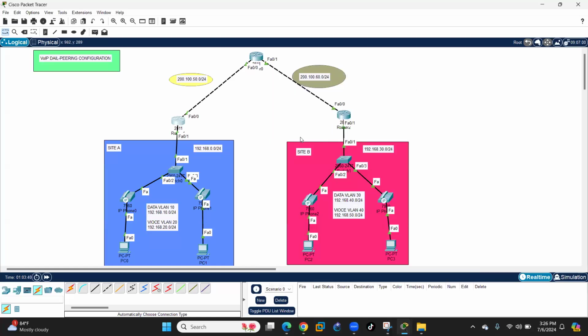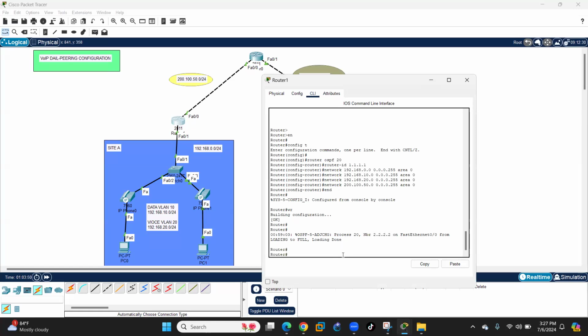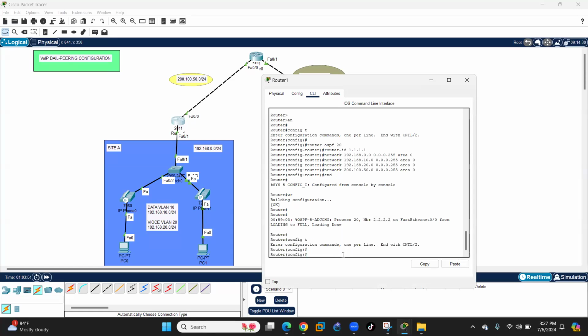So it's now left for me to configure the dial-peer configuration on these 2 routers. Config T. Dial-peer voice.